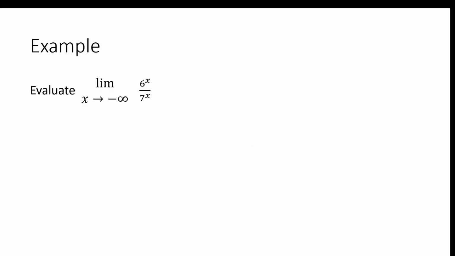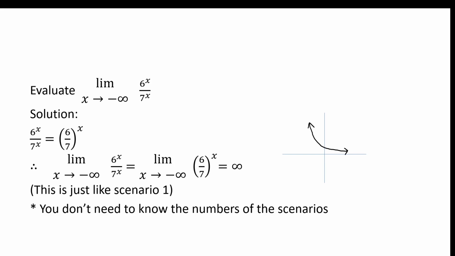Let's evaluate the limit as x goes to negative infinity of 6 to the x over 7 to the x. Well, one thing we can do is say 6 to the x over 7 to the x is equal to 6 over 7 to the x. Instead of having a couple of different x's, let's only have one x, and we can do that as you see there.